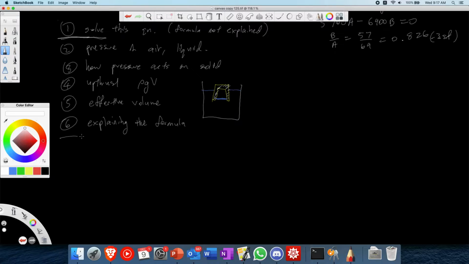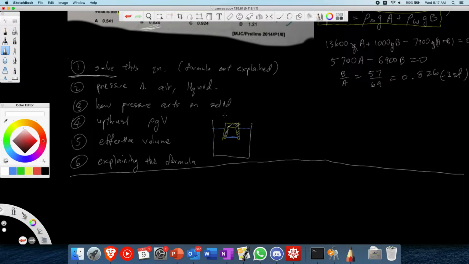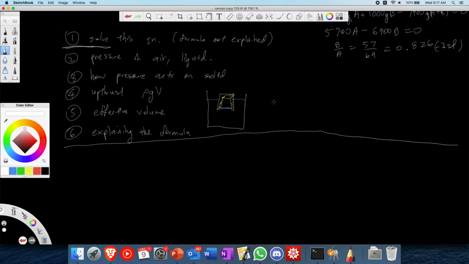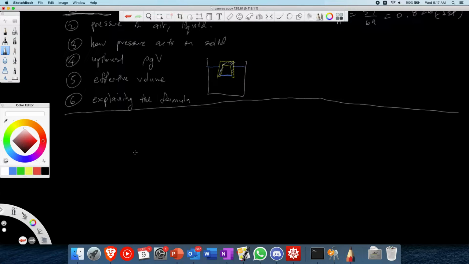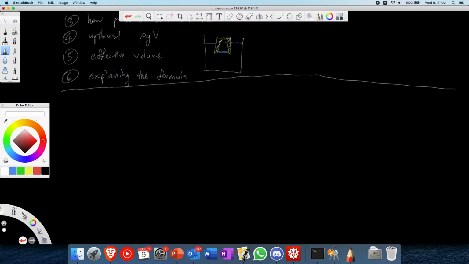But otherwise, for the curious people out there, let's proceed to find out why this formula for upthrust is the case. So let's first review what pressure is, pressure in air and liquid.